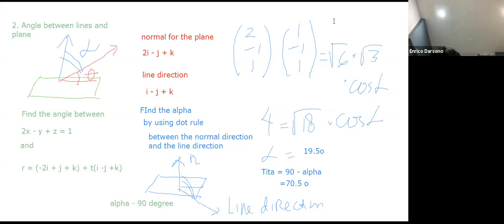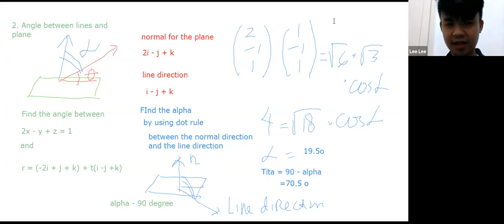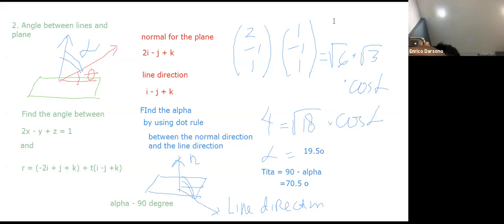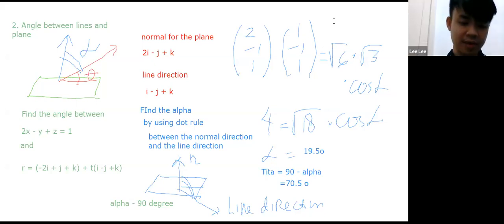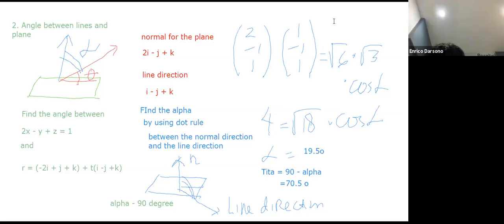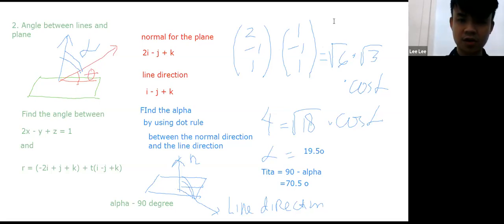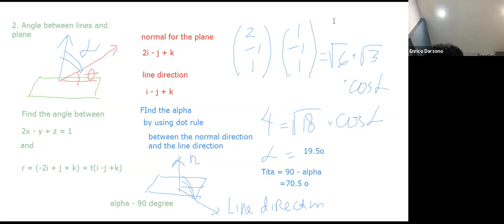The second model is how to find angle between line and plane. Don't tell me at the end of the meeting that you don't understand. It's too late already. That's why I keep asking if you have questions or not. Plus or minus 90, sir?